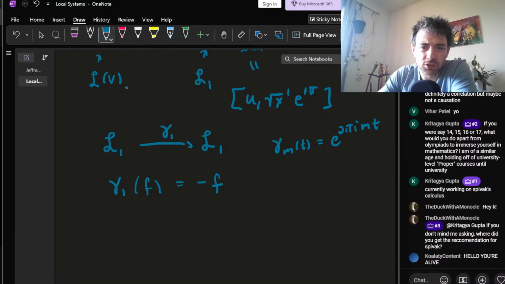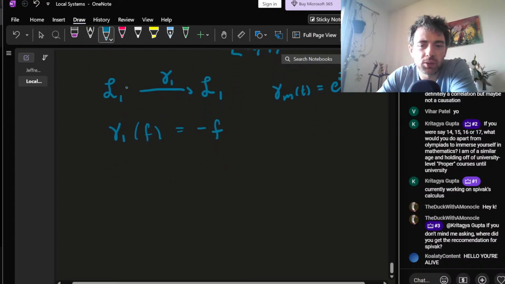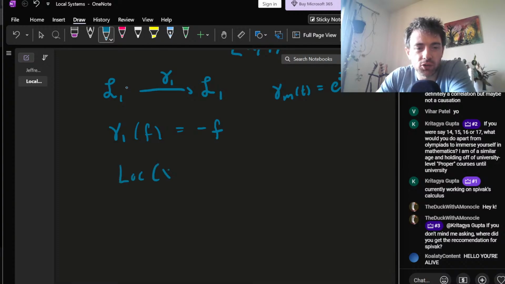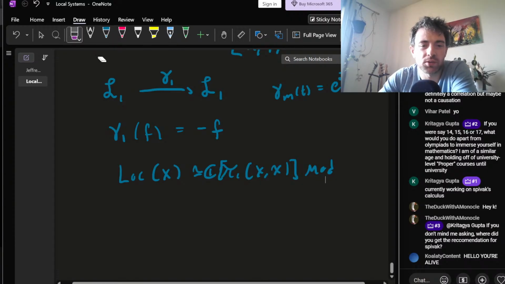So in other words, what this means is that under this equivalence of categories between local systems and representations of the fundamental group, or, okay, sometimes it's written like this, I just wrote it like this because, let me write it as representations.